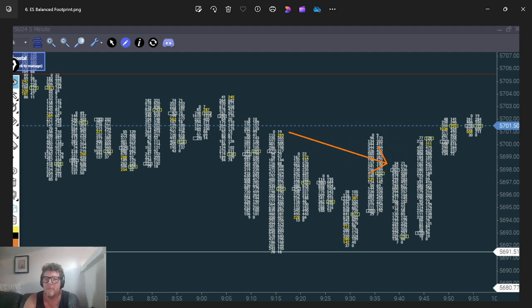So I'm going to see if I can move over to the next chart here. My point was this is what you see in a balanced market, a range day, a sideways day. You don't see a lot of stacked imbalances on the footprint chart.